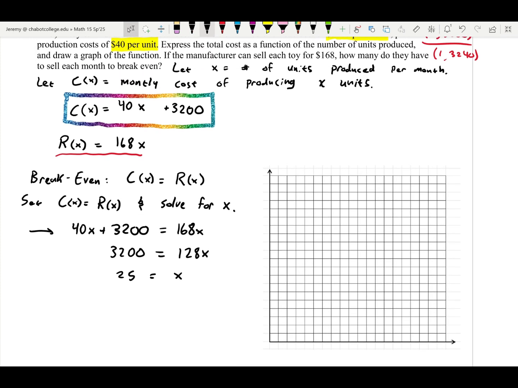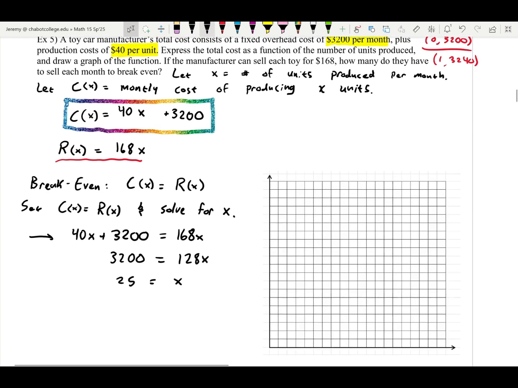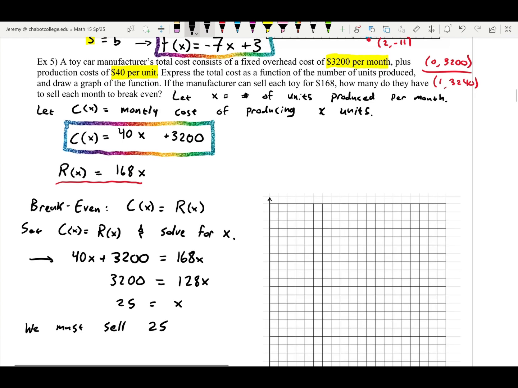So now let's answer this last question. How many units do we have to sell each month to break even? I'll say we must sell 25. And units, what are we talking about?